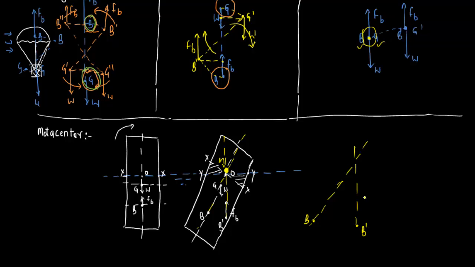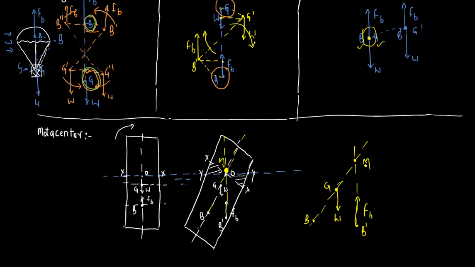This is the buoyant force acting over here. So this was the initial line of action, this one, and this is after the disturbance. They intersect at this point, and this is defined as the metacenter. Around here is our center of gravity, so the weight acts over here.